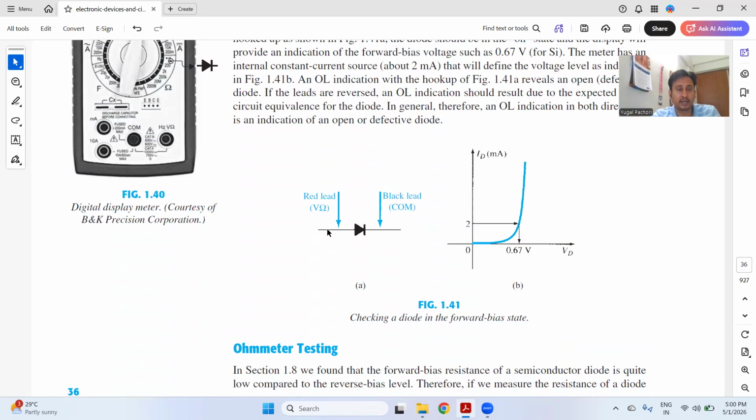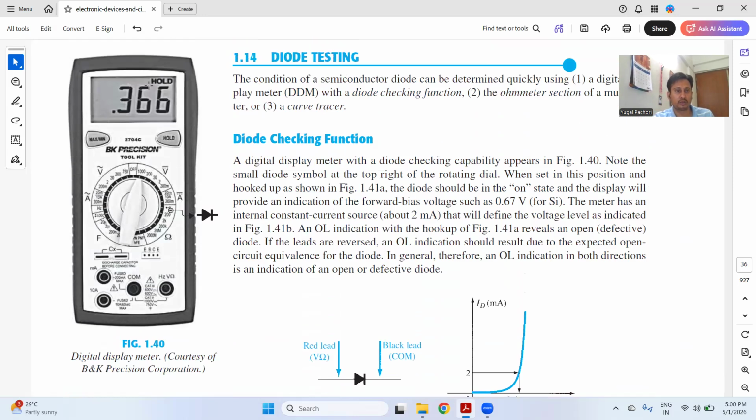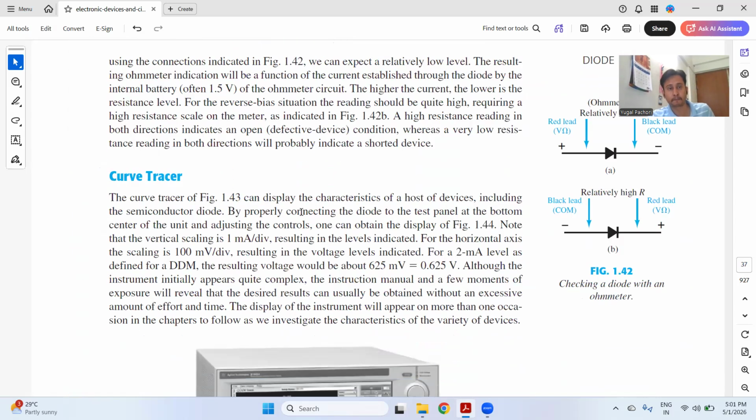Connect that. If a beep sound comes or the proper voltage rating is showing, then it means it is working. If the cut-in voltage is there, then it is working. Otherwise, it is not working. So you can test the diode with the help of the multimeter, as you can see in this figure. And practically, when you use a multimeter with a diode, then you will get the actual understanding. But with this discussion, you will get the idea of what I'm trying to say.